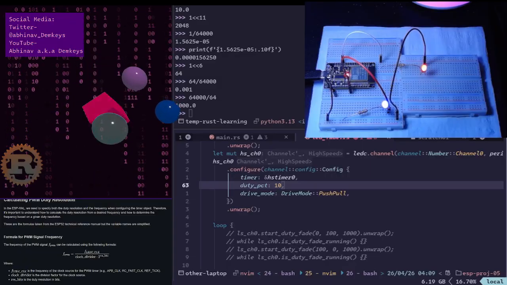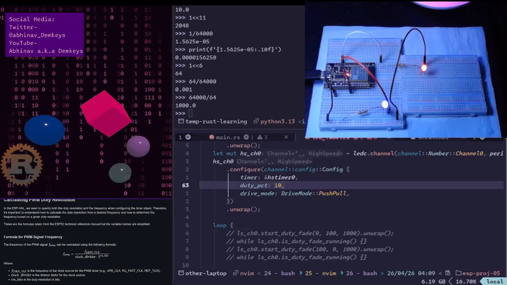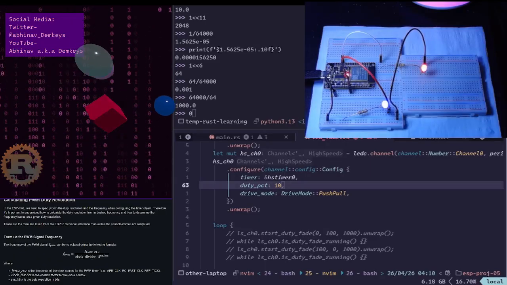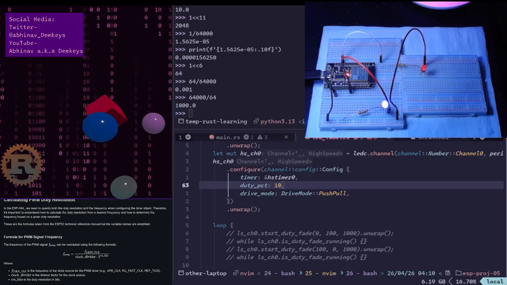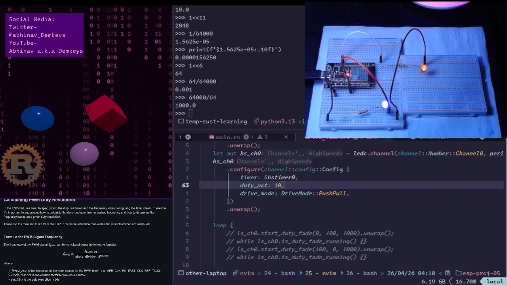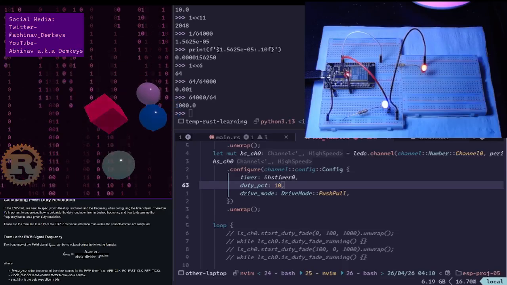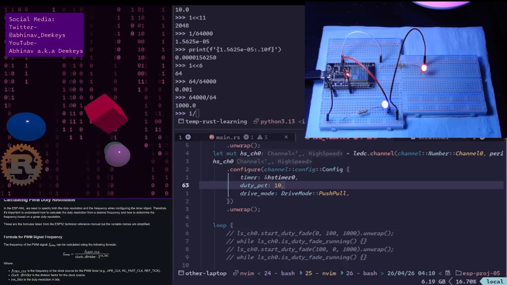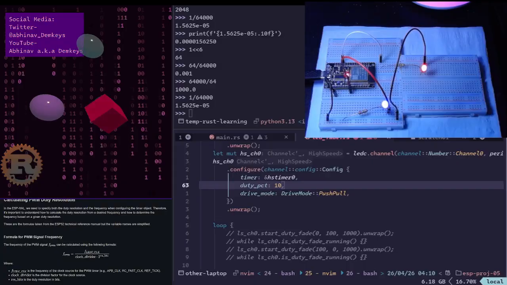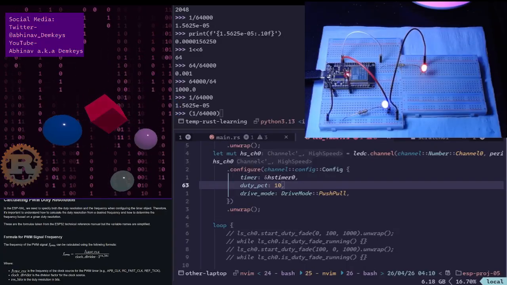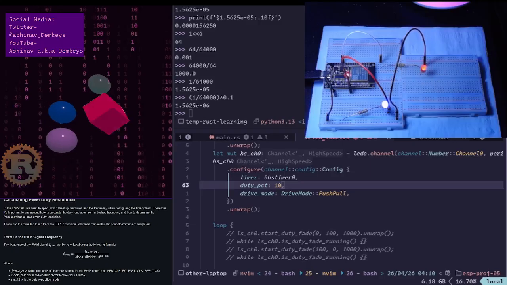So 10% would be 0.1, right? Oh God, that becomes a tiny value, because already we have a tiny value, and if we multiply that by 0.1, that's an even tinier value.